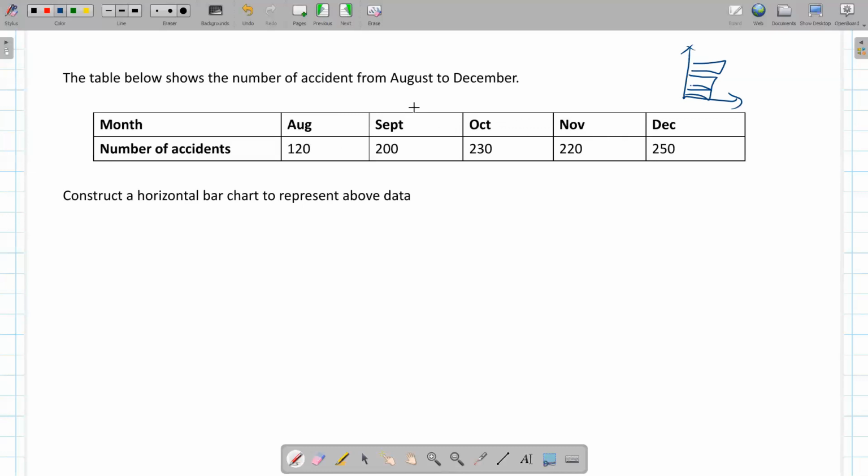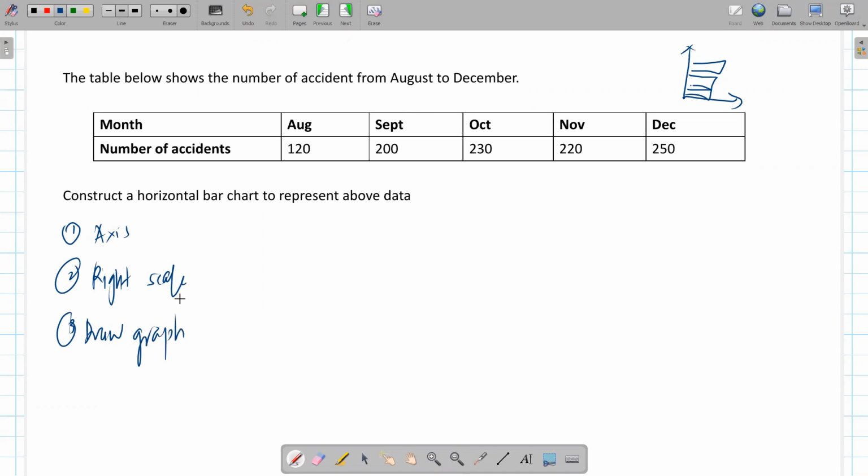Whenever we want to construct a graph, and a bar chart is considered a graph as well, there are a few things you need to remember. We start first with the axis, then choosing the right scale, and then you start to draw the graph.